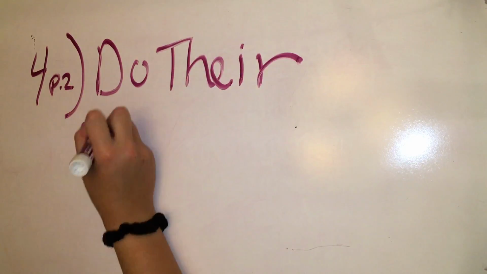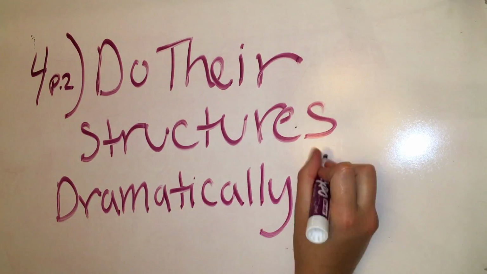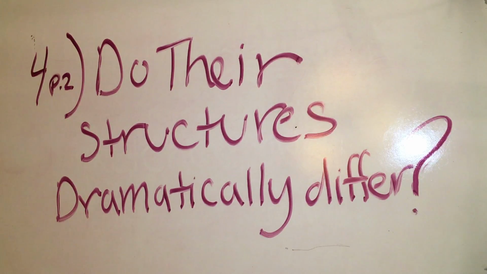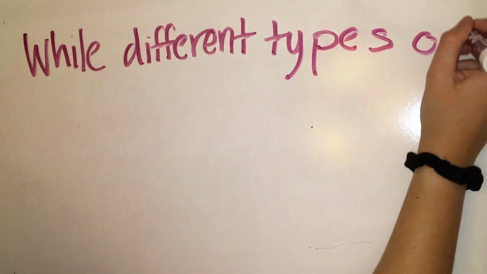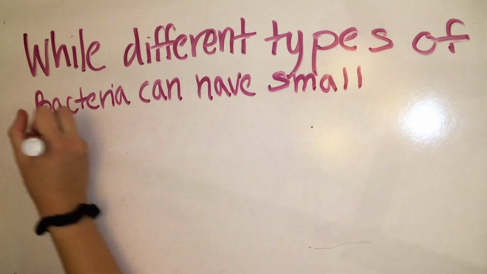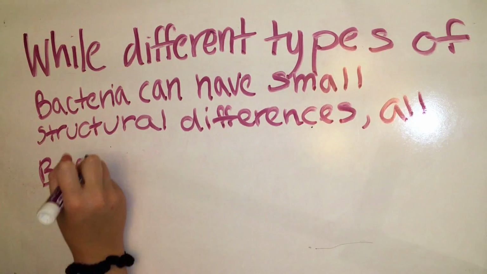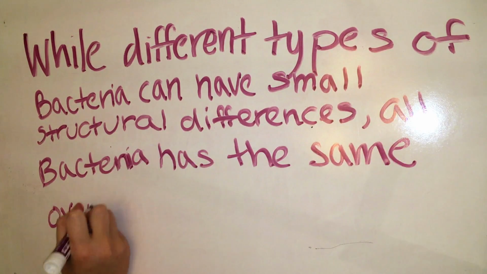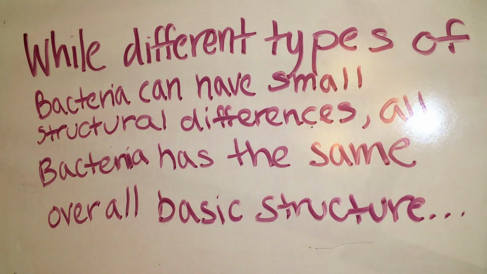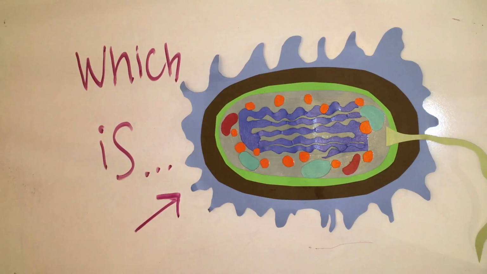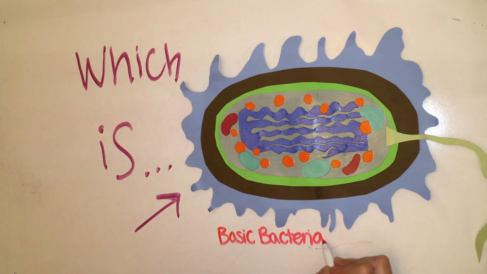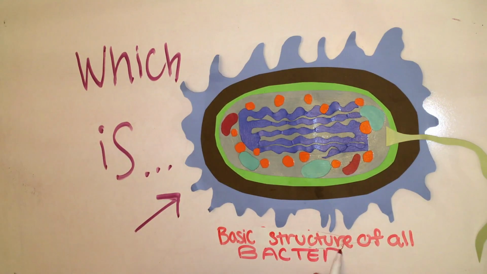Now that we have 5 types of bacteria, do these bacterium have dramatically different structures? I'm happy to report that while different types of bacteria can have small structural differences, all bacterium has the same basic structure. A basic structure which we have already gone over. This is the basic structure of all bacteria.